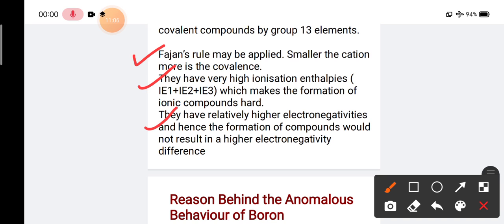The electronegativity difference should be at least 1. But in group 13, as the electronegativity is so high, the electronegativity difference between the atoms of the molecules is not that great. So that is why group 13 elements cannot form ionic bonds. Rather, they show covalent character, or covalent bonds.